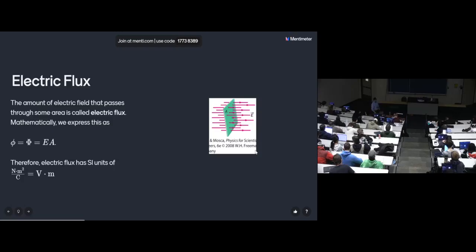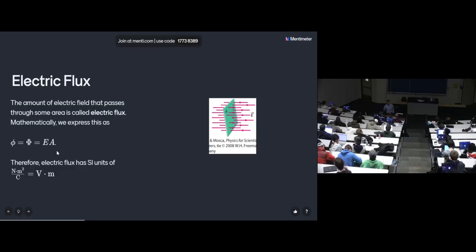So mathematically, your book uses a lowercase phi. They're the only book I've ever seen use lowercase phi for flux. Everybody else I've seen, and what I tend to use, is uppercase phi equal to EA. So electric flux, uppercase phi, is equal to electric field strength times area.